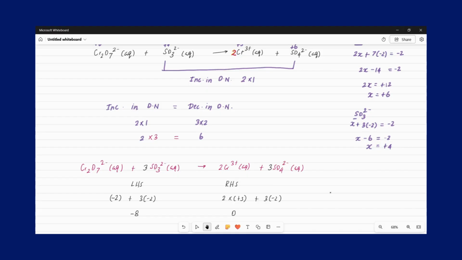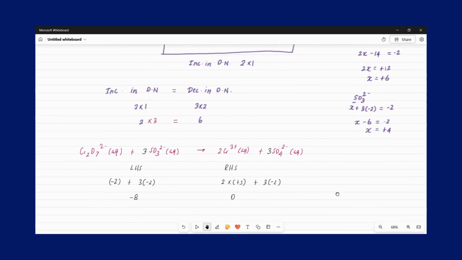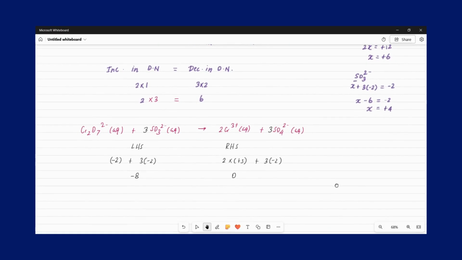So either I can make the left hand side 0, otherwise I have to make the right hand side negative 8. As I told you, it is an acidic medium, so we can only add a positive charge, that is hydrogen plus. So if I add on the right hand side, it becomes positive 8, it doesn't equal the left hand side.